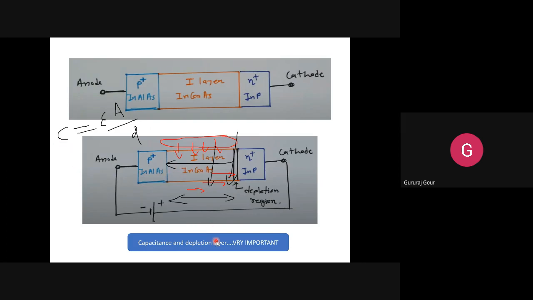This is very important. That's why the intrinsic layer is doped in such a way that it induces less conductivity or more resistivity, provided with a larger depletion region. So this is a very important point we are expecting as part of the answer here.